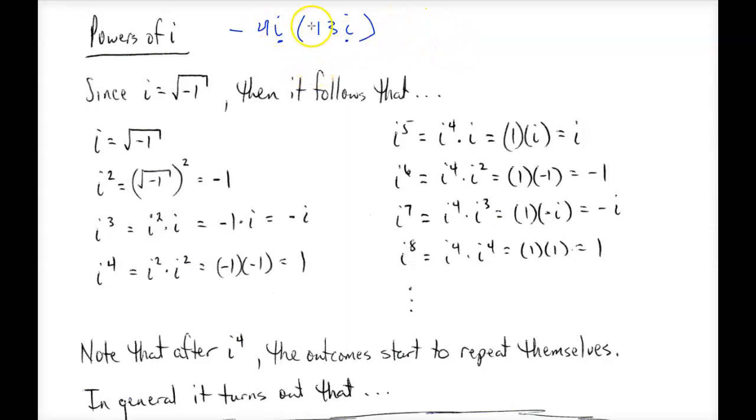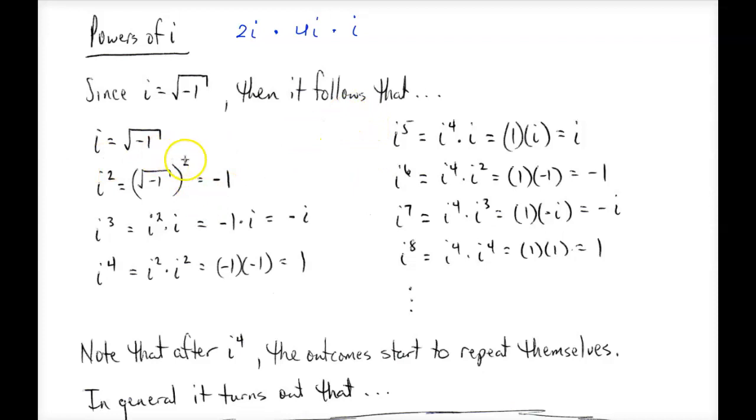Well, what if I had the same situation here? And let me erase this. What if I was multiplying by 3 of these imaginary numbers? So let's say I had 2i times 4i times i. What would that end up being?